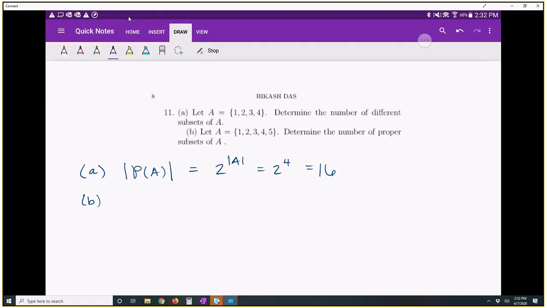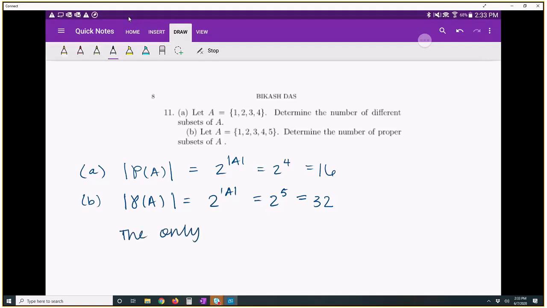Then we're asked, if A is 1, 2, 3, 4, and 5, determine the number of proper subsets of A. So in this case, the cardinality of the power set of A is 2 to the power 5, because this set A is 1, 2, 3, 4, 5. So that's 32 subsets of A, but this includes the set A itself.